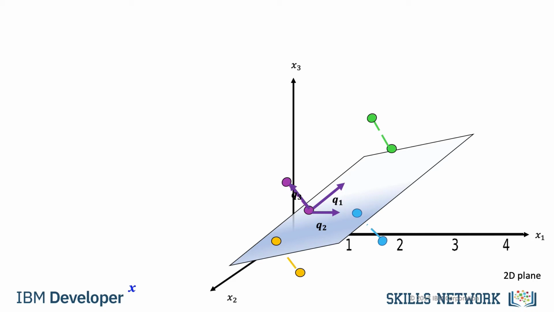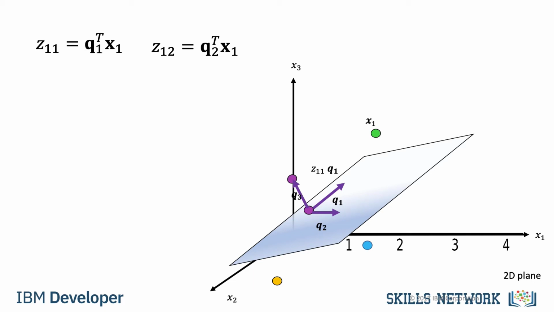The idea is that this direction is not that important for the data. Let's see how to write the data point x1 in terms of q1 and q2. First, we find the projection of x1 on q1 and q2. This is the code in an autoencoder. The point x1 hat is simply the point written in terms of q1 and q2 and falls on the plane.